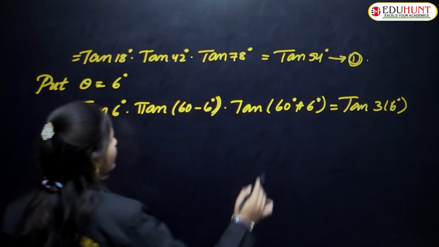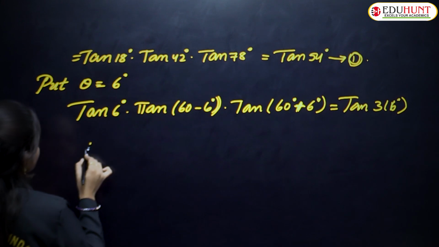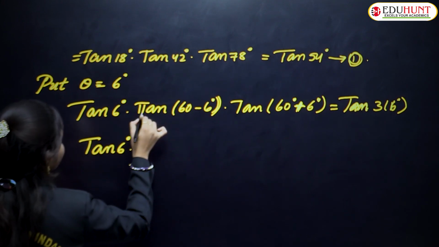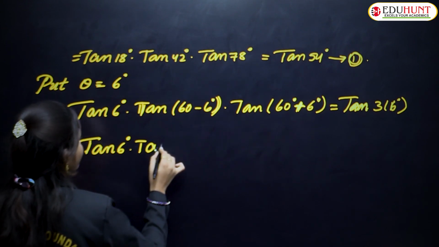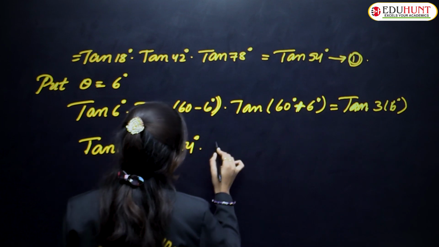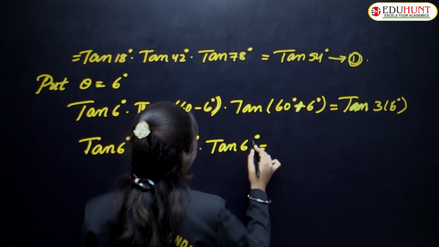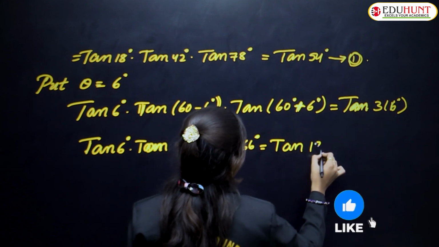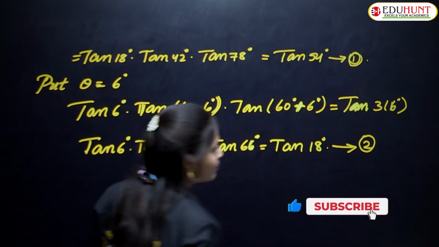So tan 6 degrees into tan 60 minus 6, which means 54 degrees, into tan 60 plus 6, which means tan 66 degrees, which is equal to tan 6 into 3, which is 18 degrees. Am I clear? So this is equation number 2.